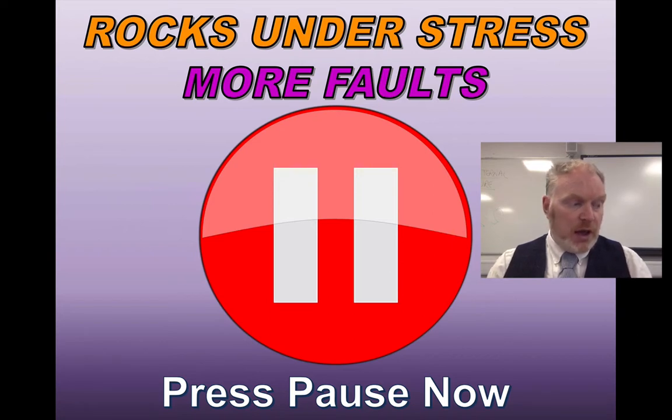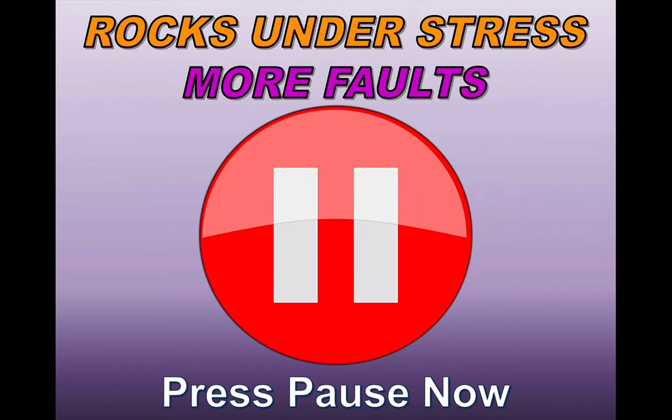You should have marked in any movement arrows, highlighted fault planes, and worked out the type of faults that are shown in each of these images, and perhaps as well marked in the type of stress, whether it's tension, compression, or shear, that's created each of these faults. If you haven't done that, press pause and have a go at that now. If you have completed all of that, check them through, and then let's see what we've come up with.